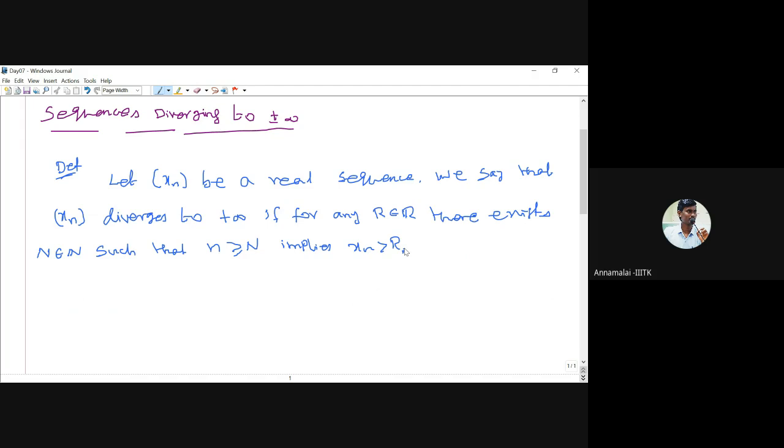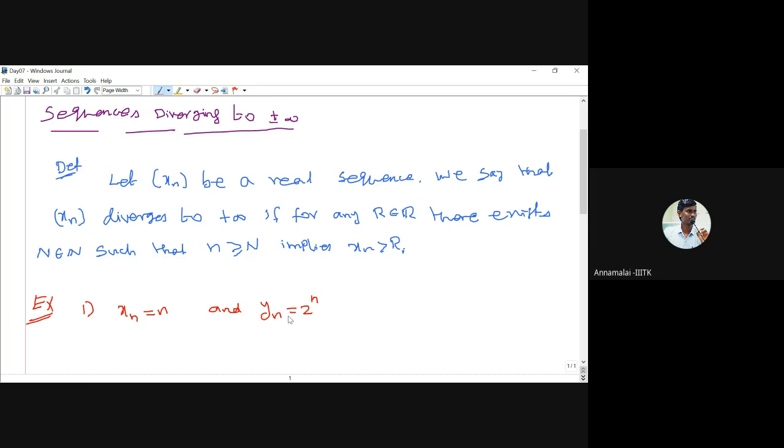Now, for example, if you take the sequence xn equal to n, this sequence diverges to infinity. And if you take yn equal to 2 power n, this also diverges to infinity, because after a certain stage everything is bigger.